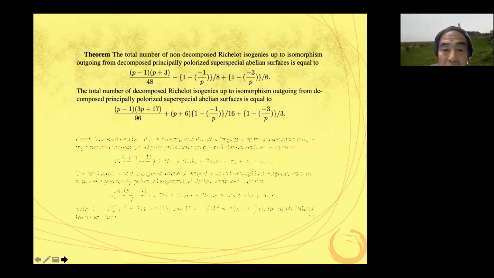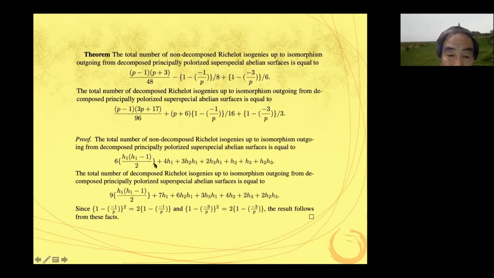The proof is very similar. For each case, we consider the number of Richelieu isogenies up to isomorphism, and we sum up these things, then we get the result.